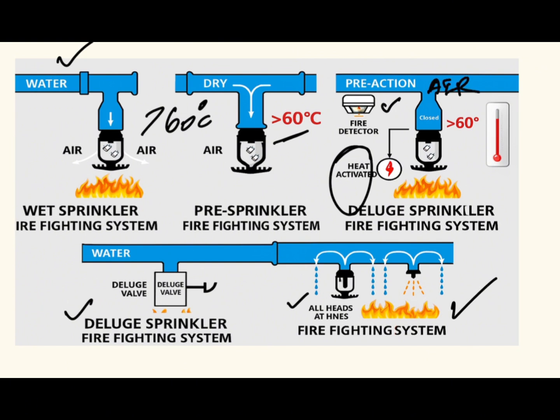Once the fire detector detects the fire and the sprinkler head also detects the heat, then first air will escape and then water will be discharged. So in this case, we have more control, right?